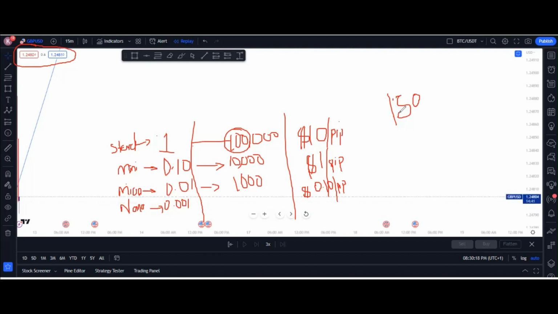These are the types of leverage most brokers offer: 1:5, 1:50, 1:100, 1:200, 1:500, even 1:1,000.